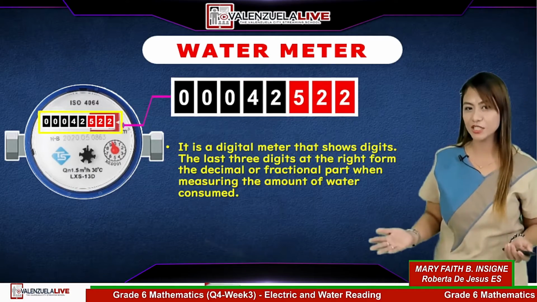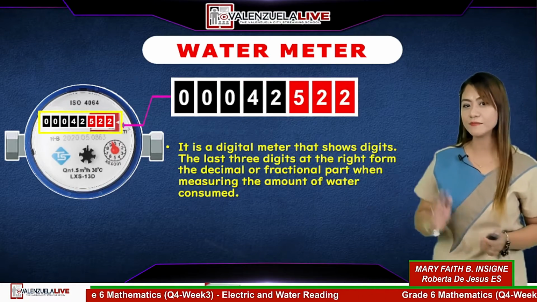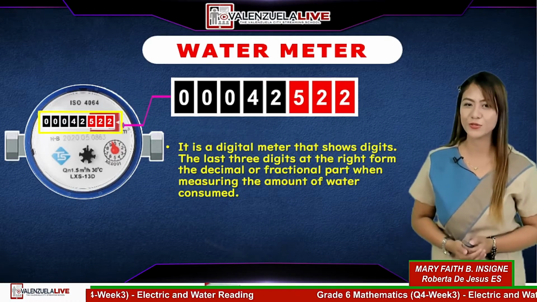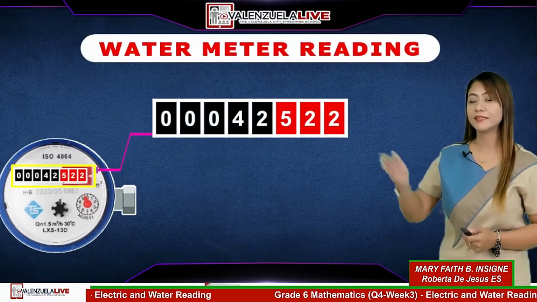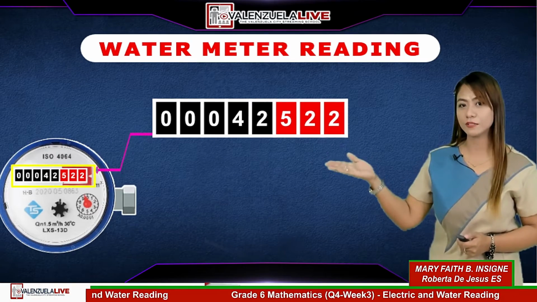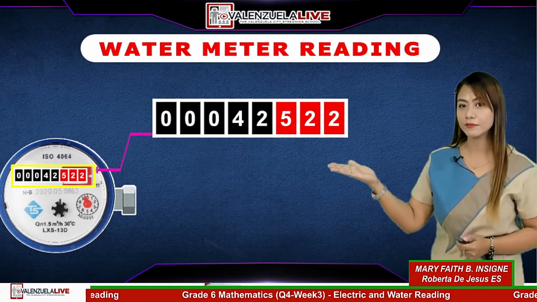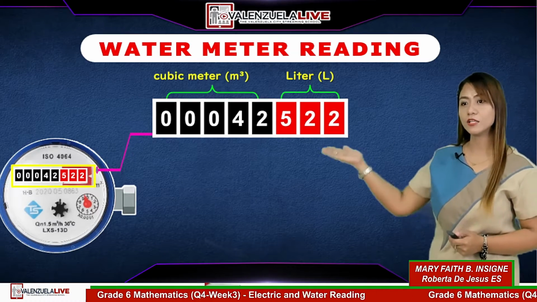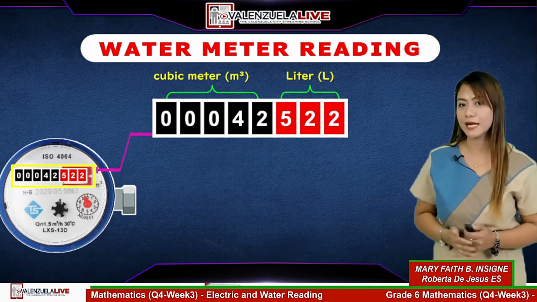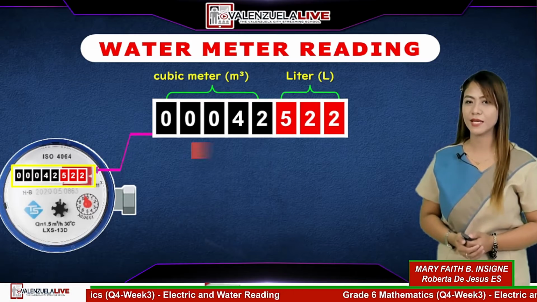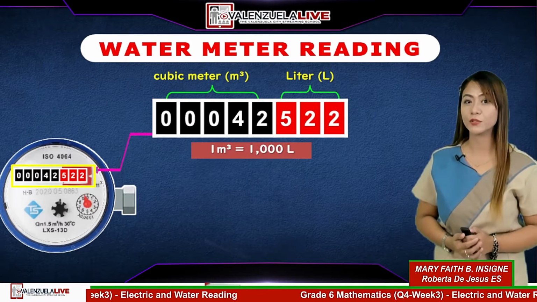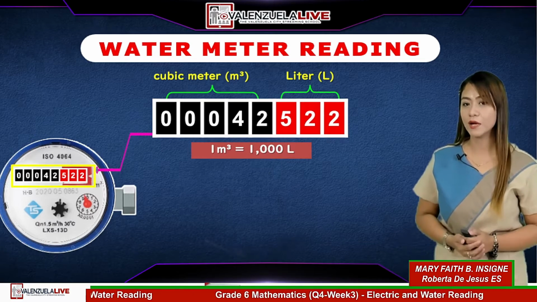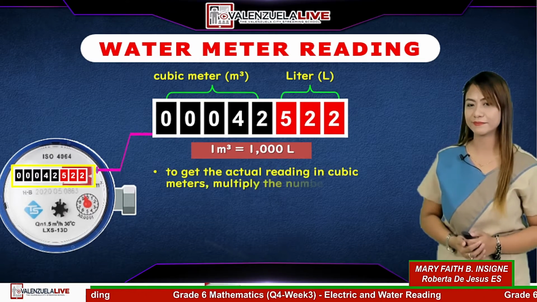The last 3 digits at the right form the decimal or fractional part when measuring the amount of water consumed. In this part, with red color background, that is part of liter or fractional part, while the black color registered as cubic meters. To get the actual reading in cubic meters, multiply the numbers that appears by 1,000.